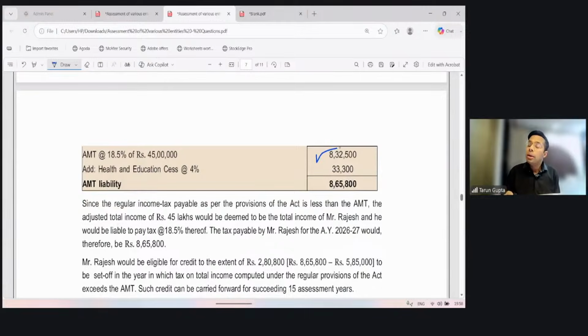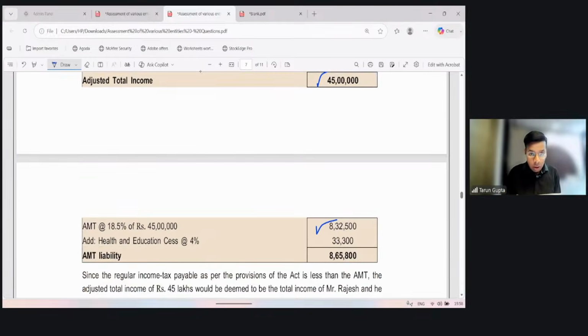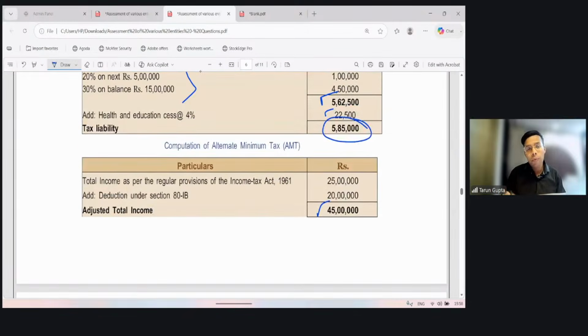8 lakh 32 thousand. There's no surcharge because the ATI is less than 50 lakh. So there's only a cess of 4%. The AMT is 8,65,800, vis-a-vis the tax under normal provision of 5,85,000. So I'll pay whichever is more.